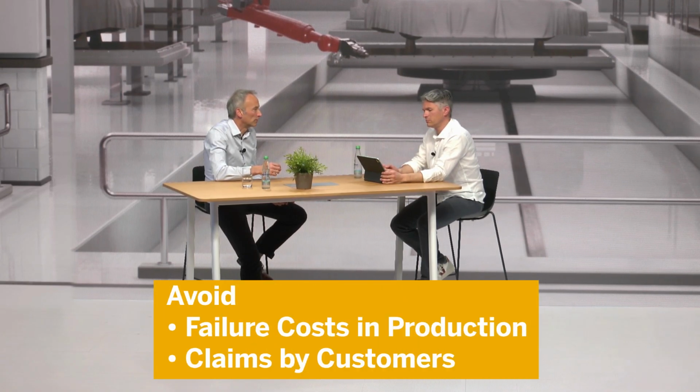During the FMEA, you describe and evaluate your product or process for potential failures or weak points in a structured way. Based on the results, you can implement changes on the design, reevaluate, and thus prevent failures and avoid failure costs in production or claims by customers.